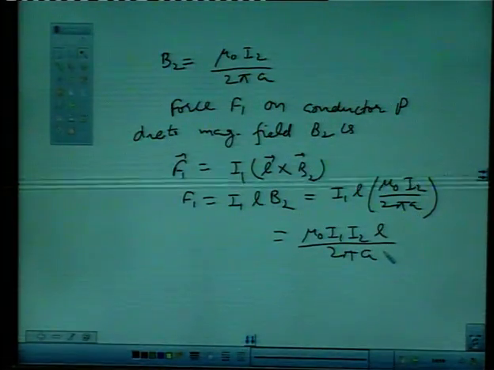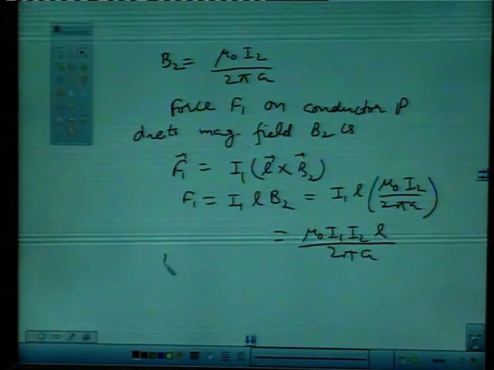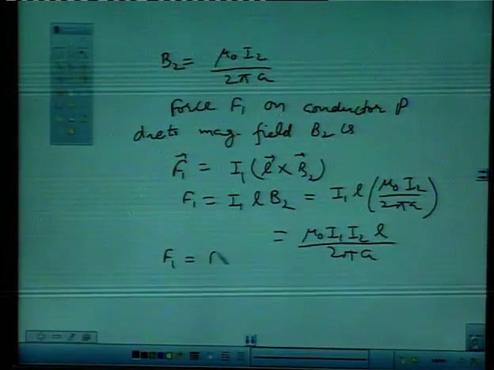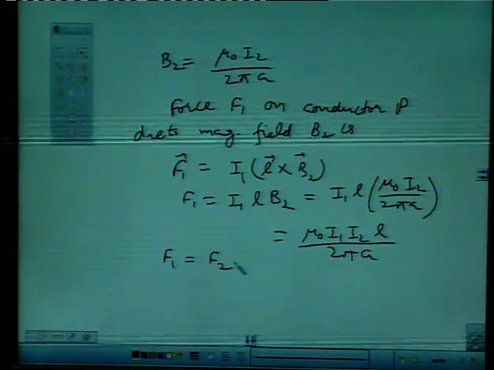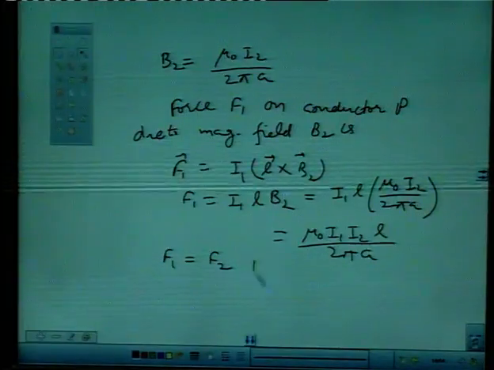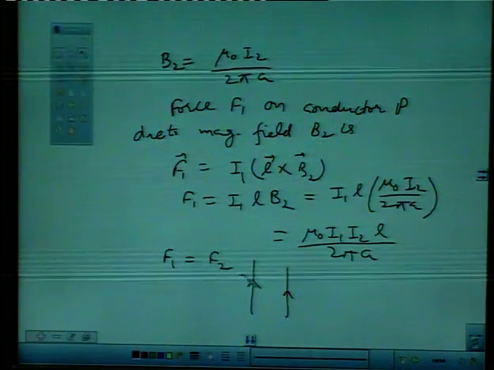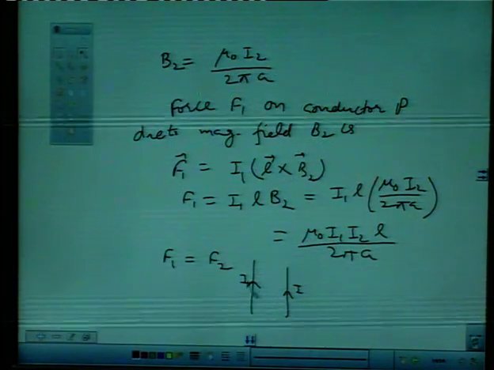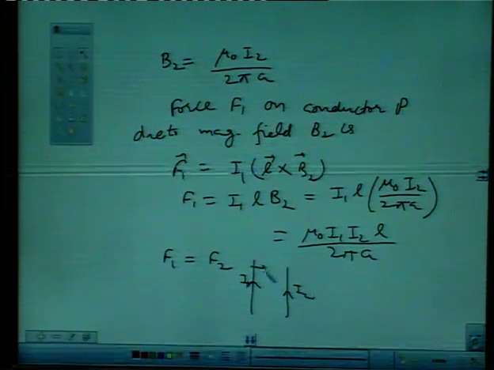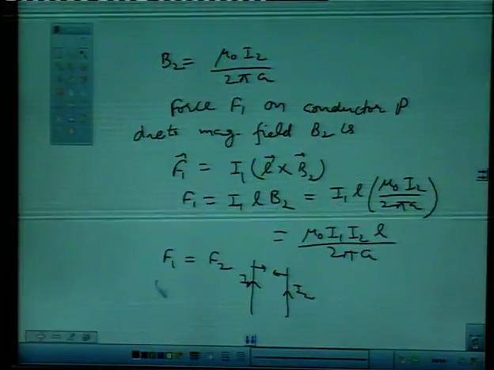So we see that the force on both the conductors will be the same, F1 is equal to F2. If the currents are flowing parallel in the same direction, then the forces will act opposite to each other.